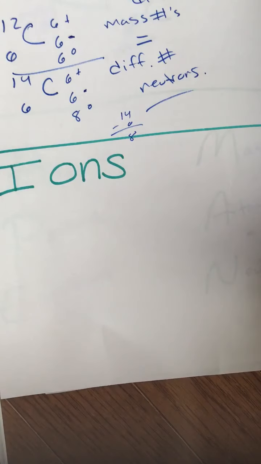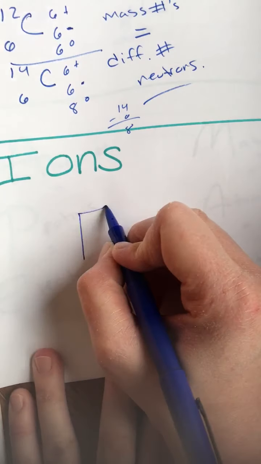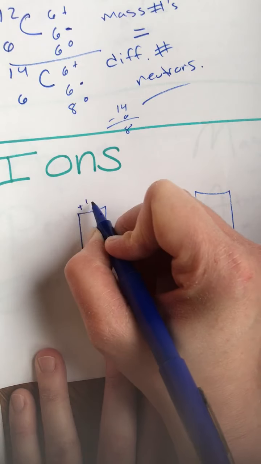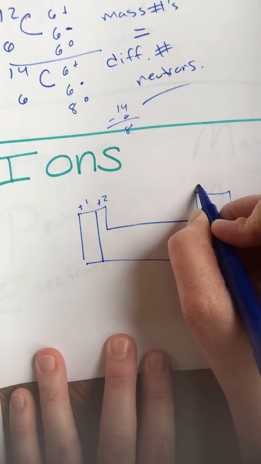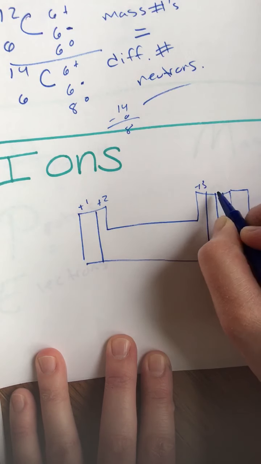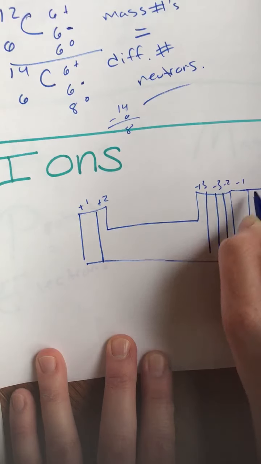And the last little thing that was in the unit when we talked about atomic structure, and it wasn't really the next thing we did because we did periodic table next, that was ions. So if you remember, we had our periodic table. We always put like a +1, +2, +3, and then we skip this one. I'm going to have to draw some little lines over here. -3, -2, -1, and then we had this one over here that was nothing.